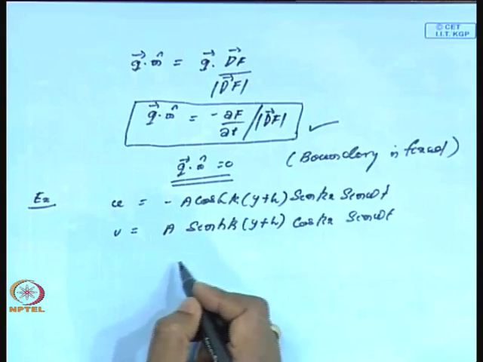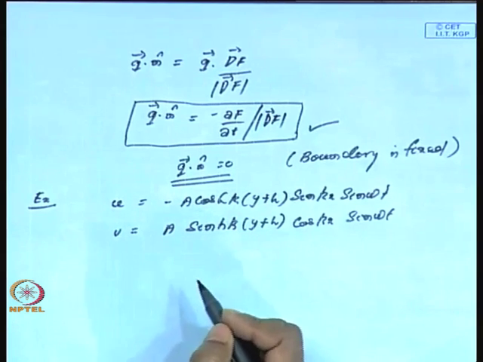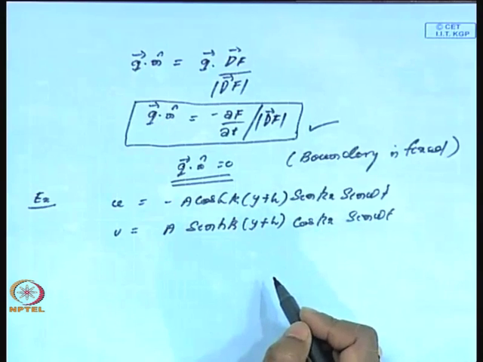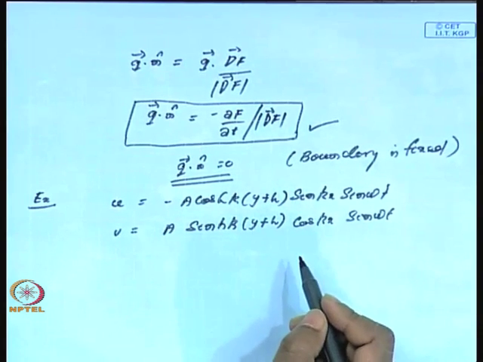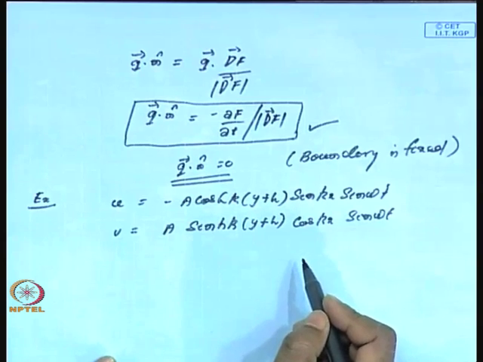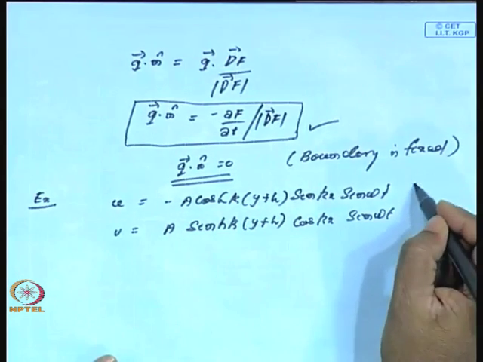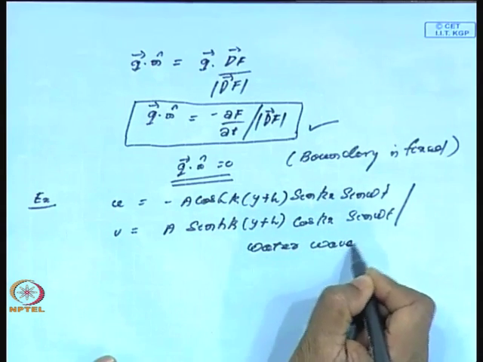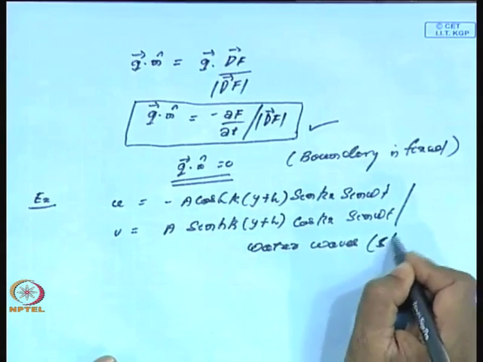In fact, this kind of problem comes in water waves. If these are the u, v, then basically this represents a standing wave in water.